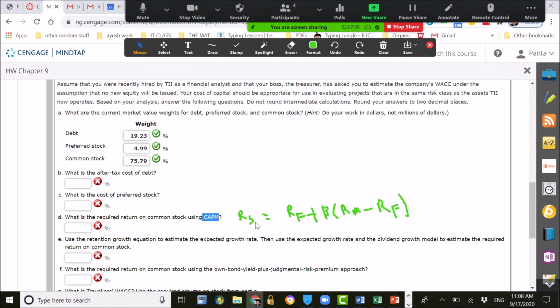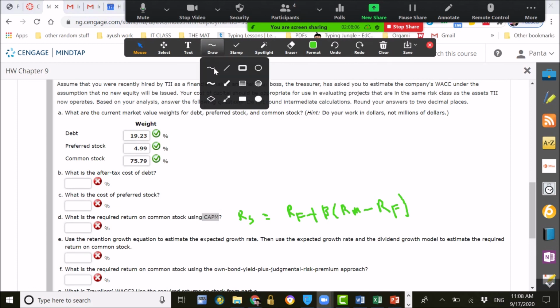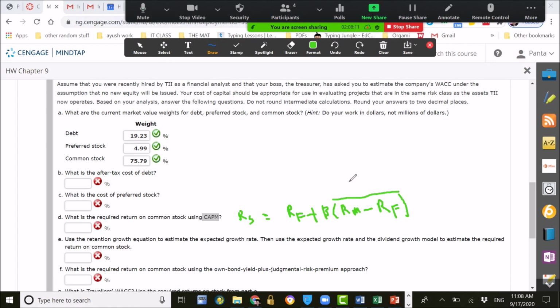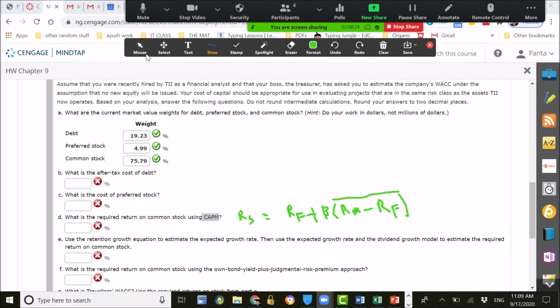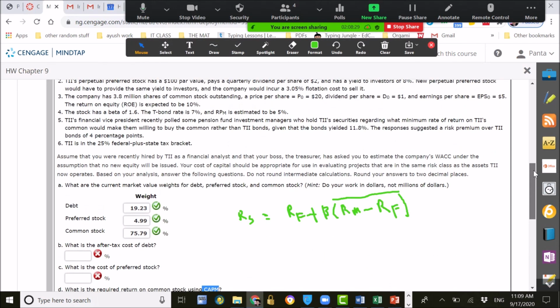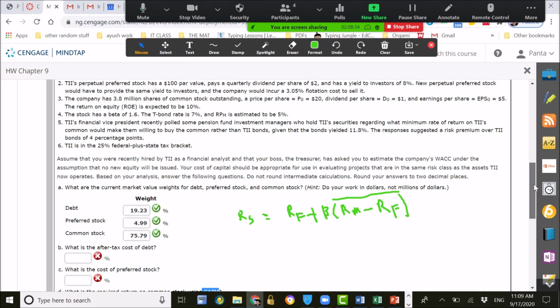Okay. This is the formula for CAPM. Let me put this one down. I want to see the actual terms they use, because you can call it RPM or you can call it something else. Here you can see the CAPM one.